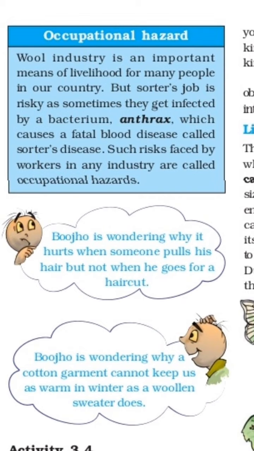Anthrax spores are present in the air, and when these spores enter the body, they get activated, and it will cause shortness of breathing, chest pain. In this way it is harmful for that particular person. Such risks faced by the workers in any industry are called occupational hazard.